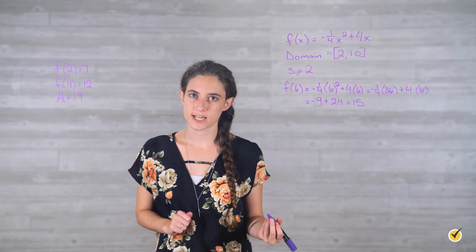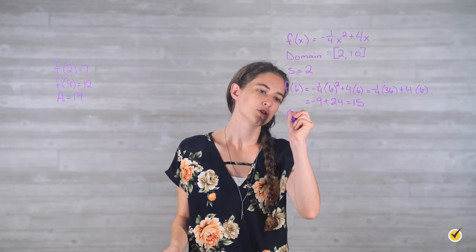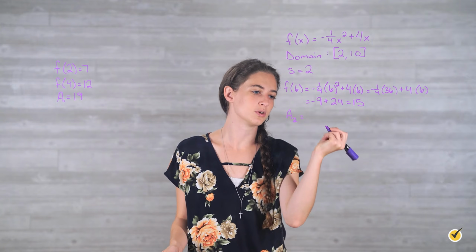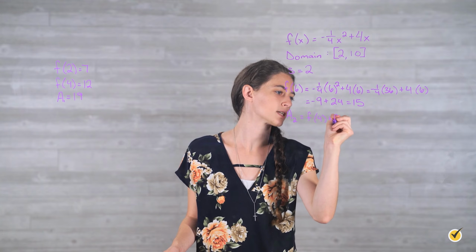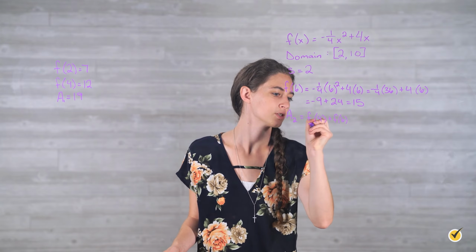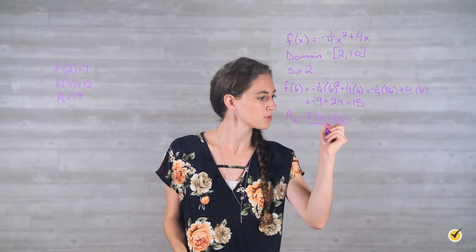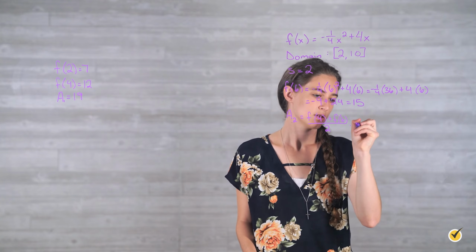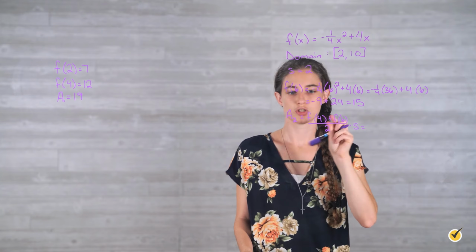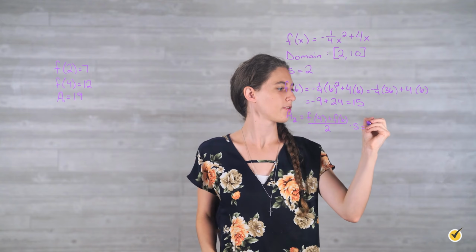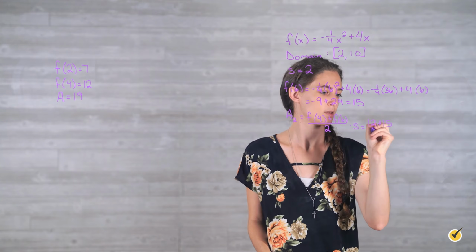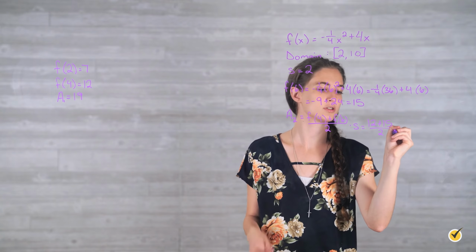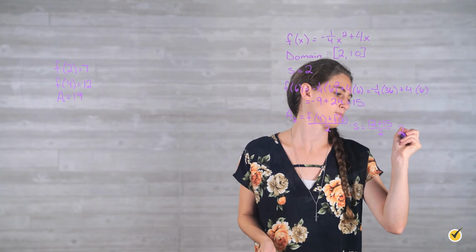So now we can find our second area. So a sub 2 is equal to f of 4 plus f of 6, because those are the two bases of our trapezoids, over 2 times our step size. So f of 4 is equal to 12, f of 6 is equal to 15, divide by 2, and multiply by the step size of 2.